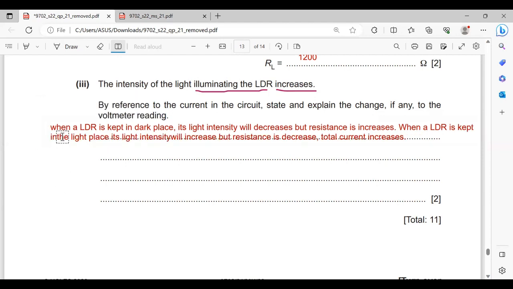So the implication: when the LDR is kept in the dark place, its light intensity will decrease, but the resistance increases.